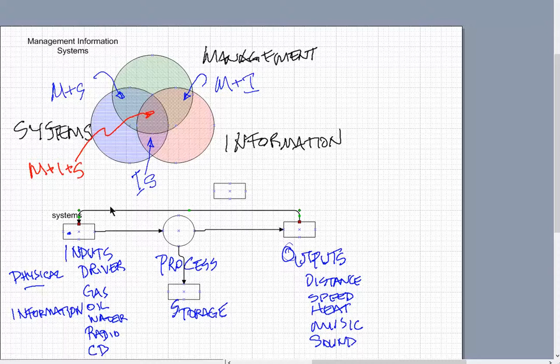So this whole idea is that you want to have this loop back so that you can adjust the inputs so the process will give you new outputs. So it's a continuous process.